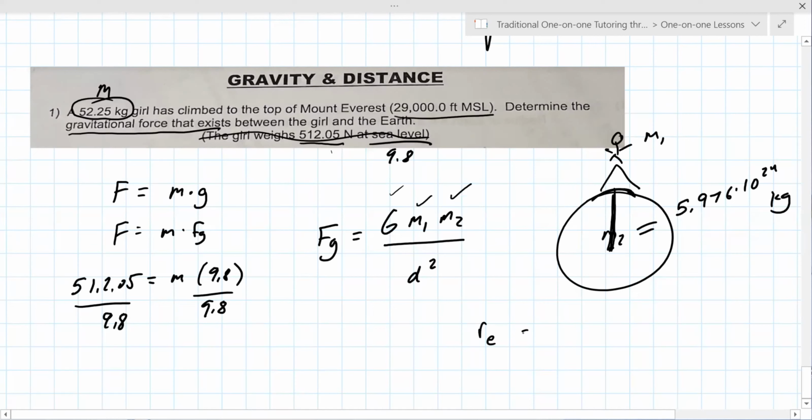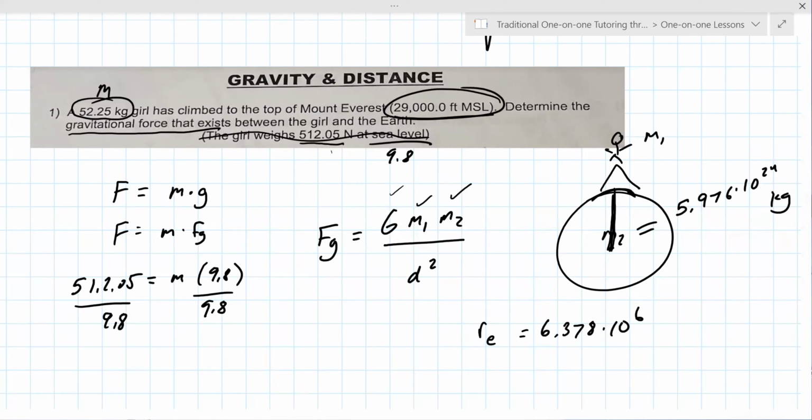So the radius of the Earth is 6.378 times 10 to the 6th. The problem with this is it's in feet. So we have to convert the distance in feet to meters. We can do that down here.